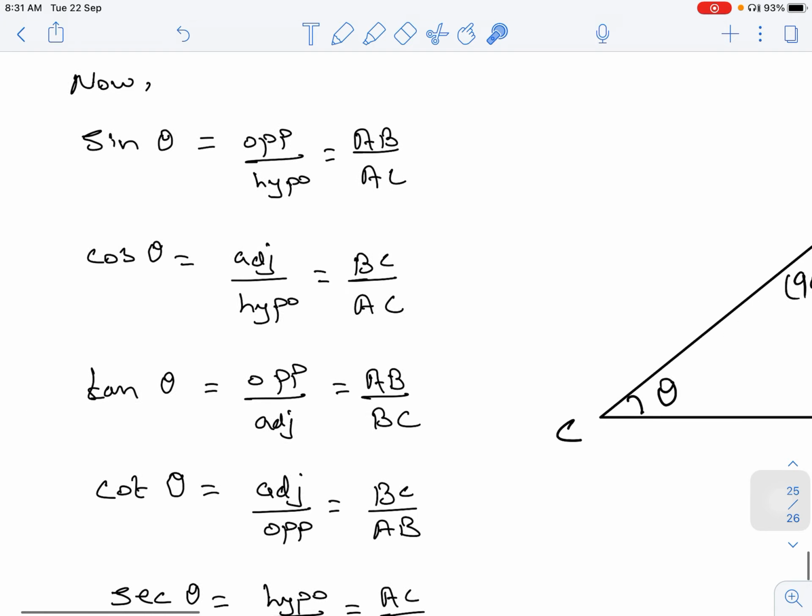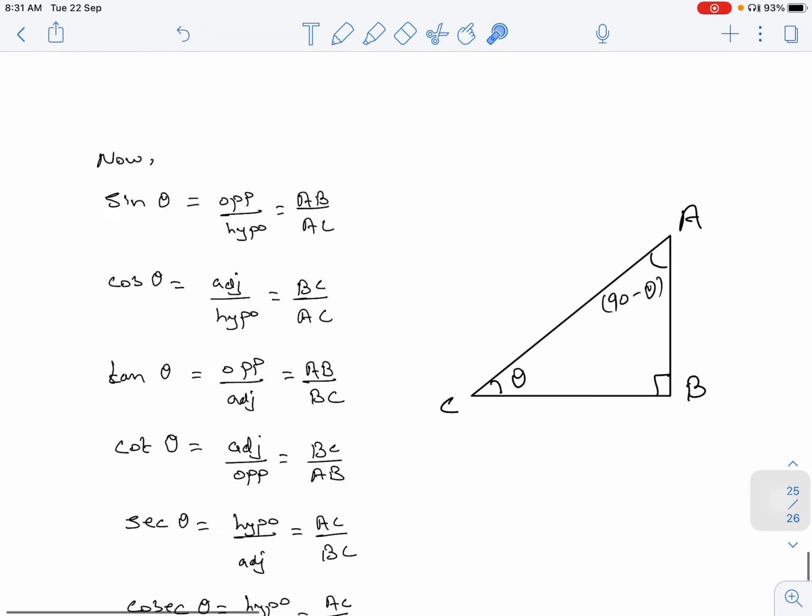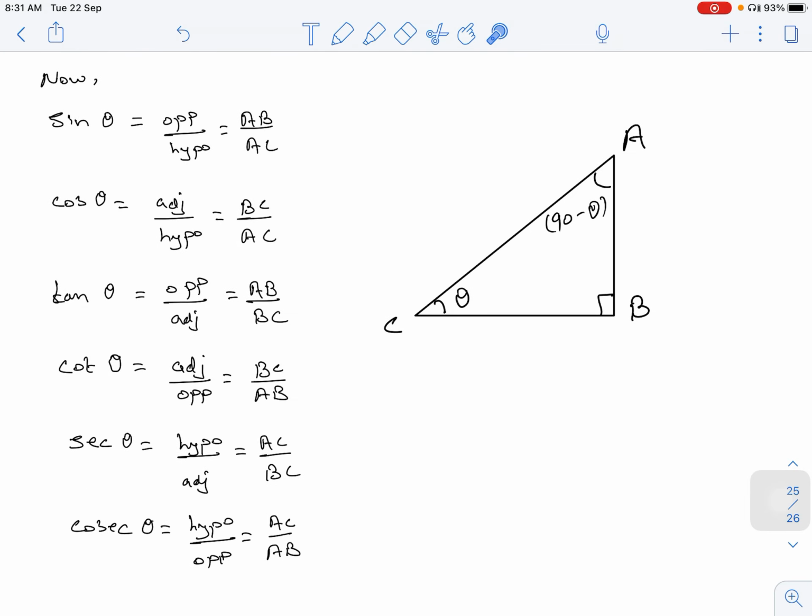Now let us consider a triangle. Here we have already written triangle ABC. In triangle ABC, angle B is 90 degrees. Let us consider angle C as theta. Already we have learned that there is a relation between angle A and angle C: these both are complementary angles.